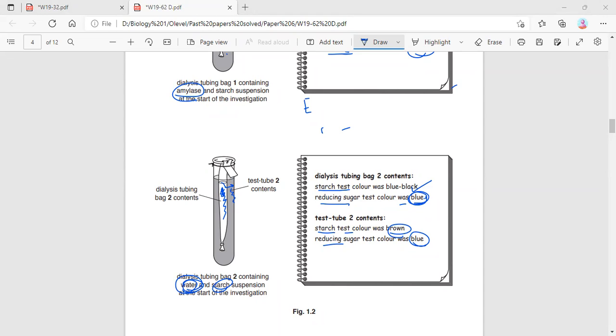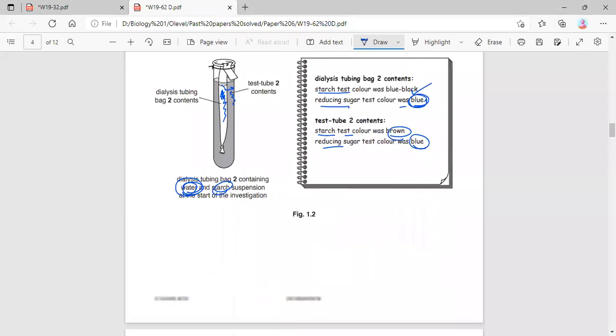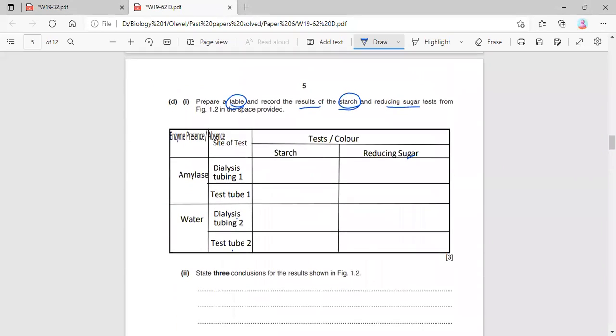What is the changed variable in this experiment? One you put amylase and the other you put water. So this is what I did. Enzyme presence or absence. Here I put amylase and here I put water. On the right side, it is always the results. What are the results you were observing? The tests. Starch test and reducing sugar test.